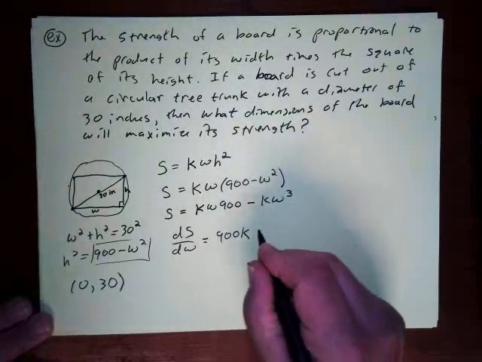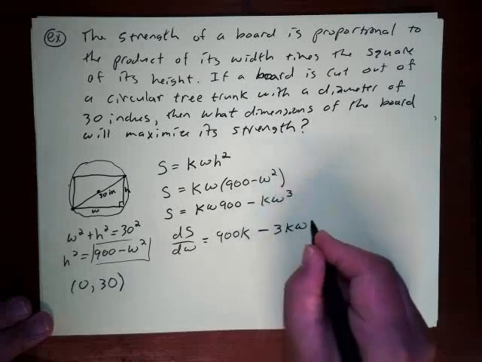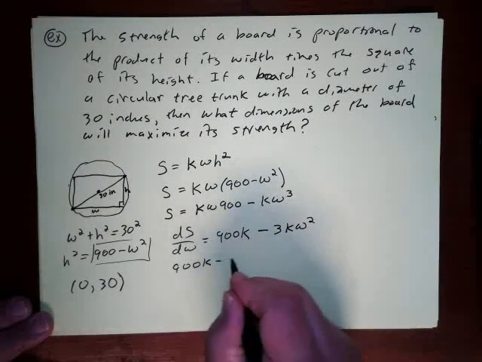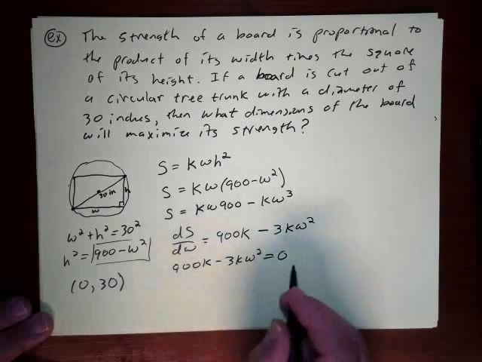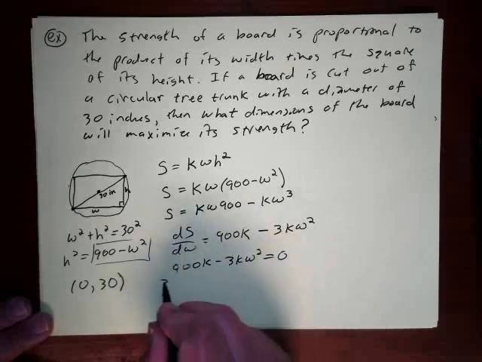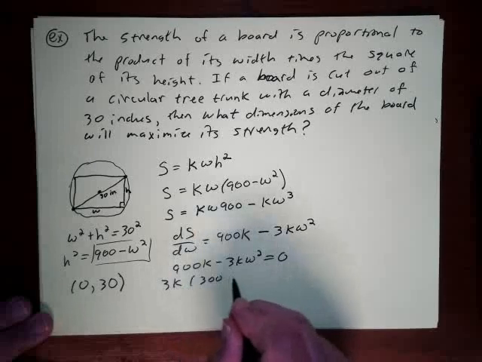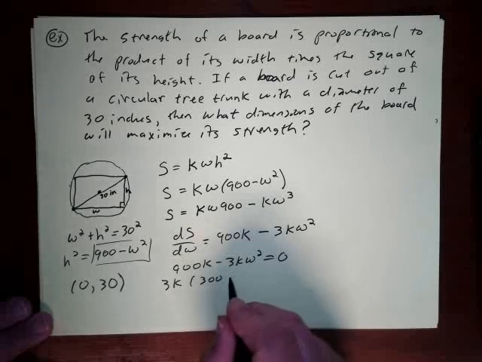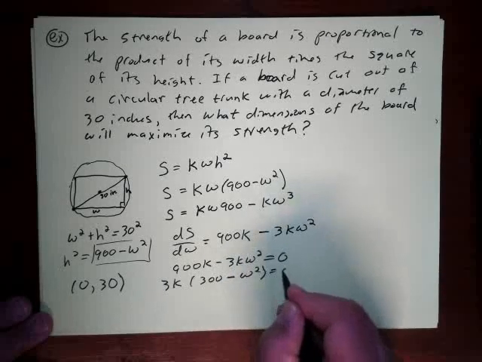So this is going to be minus 3kW squared. We set that equal to 0 to find the critical points. We can see now why the constant doesn't matter, because I can pull out a 3k. If I do that, I'm going to get 300 minus W squared equal to 0.